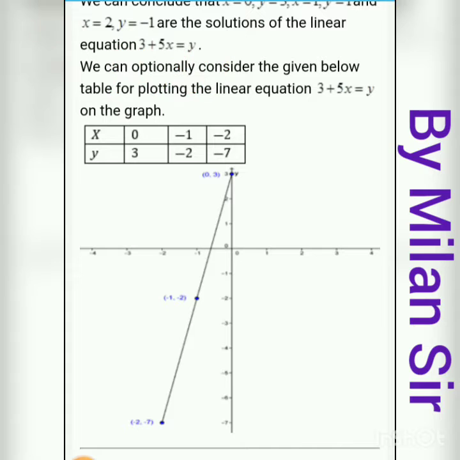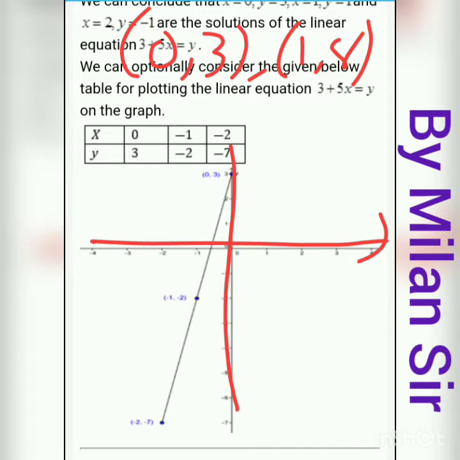Now we have 2 points, so we can draw the line, we can draw the graph. First of all, (0, 3) and (1, 8), right? So just draw the graph, x axis, y axis.